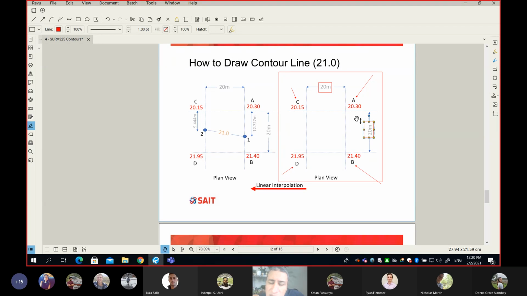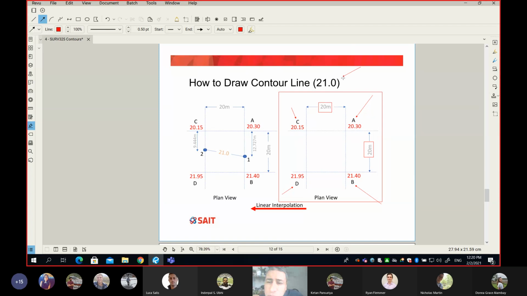Now, ultimately, if I'm able to locate contour points, I can simply join them and create my contour line. In this example, I'm not going to find all the contour lines. I will only focus on showing you how this is done. I will try to locate contour line 21. Please watch this.